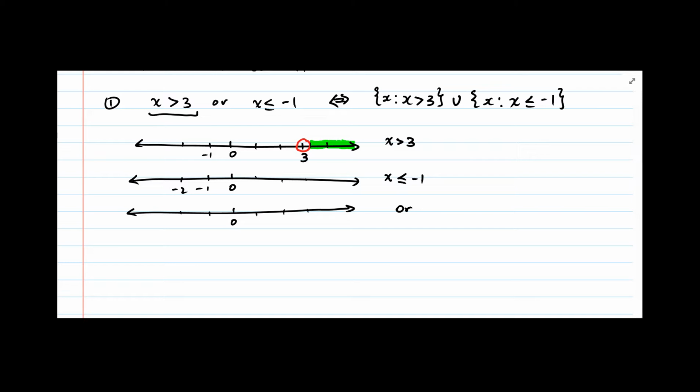Alright, let's go on to the second inequality, x is less than or equal to -1. Again, we find our boundary value, -1. We shade it in because of the equal sign present, and we shade everything to the left of -1.